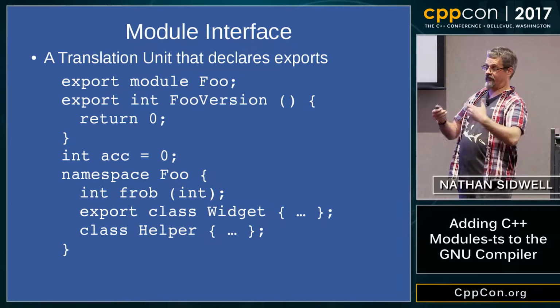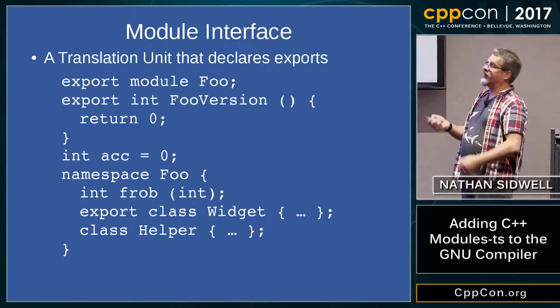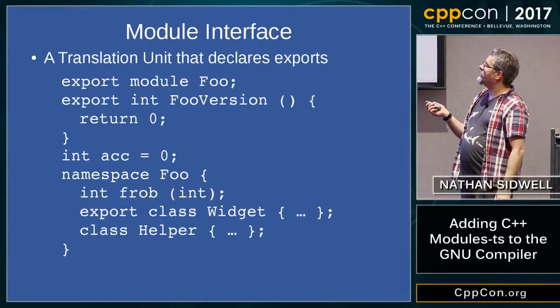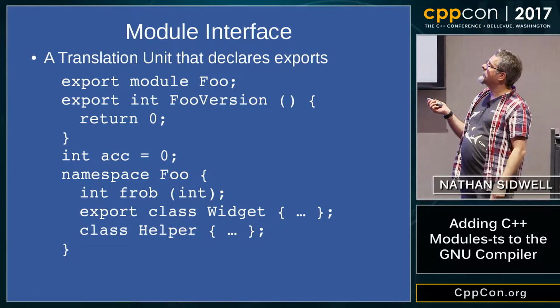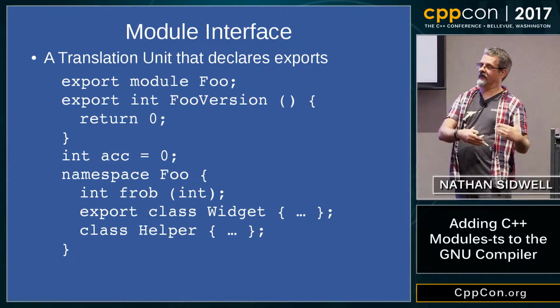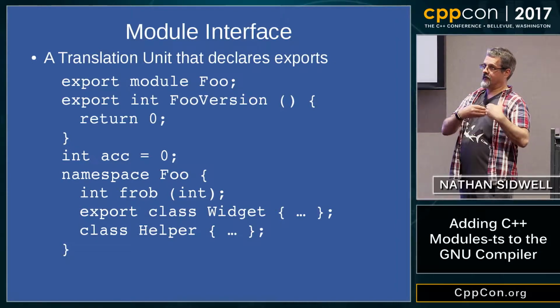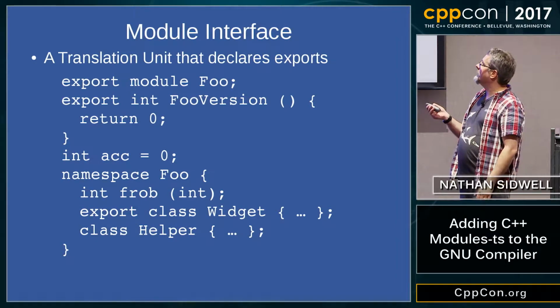I've just gone, there's this variable, I'm initializing it to 0 in this interface file. So there's going to be some bits, but I haven't got export in front of it. So importers of this module will not see the accumulator. That's some kind of internal implementation detail that I'm going to use for myself, and not visible to users.